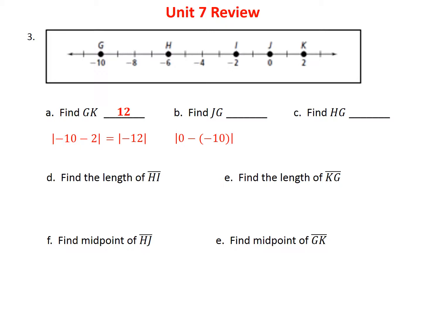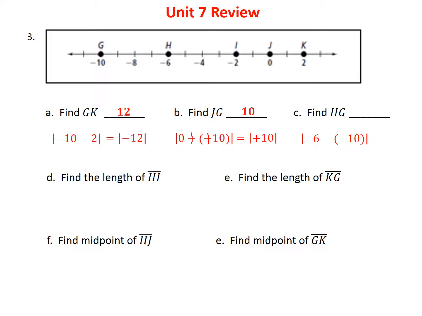So I can always take any subtraction problem and change it into an addition problem, but I have to add the opposite, and the opposite of minus 10 is plus 10. And so we end up with positive 10. My answer here is 10. And again, you could count between G and J and find 10 units.